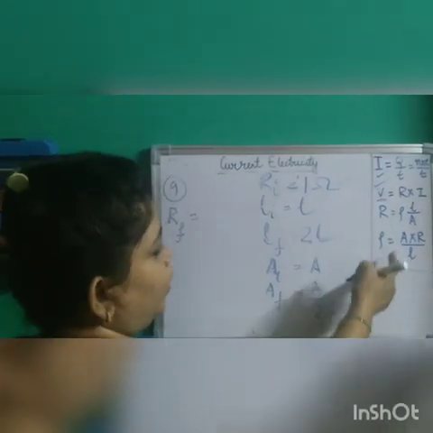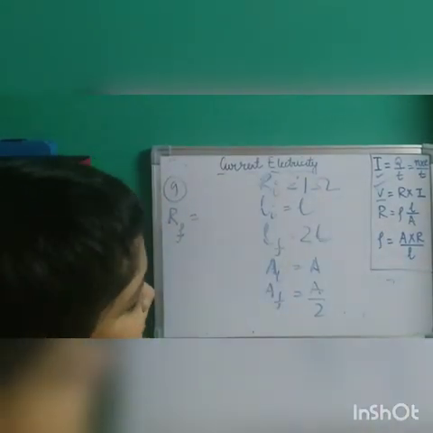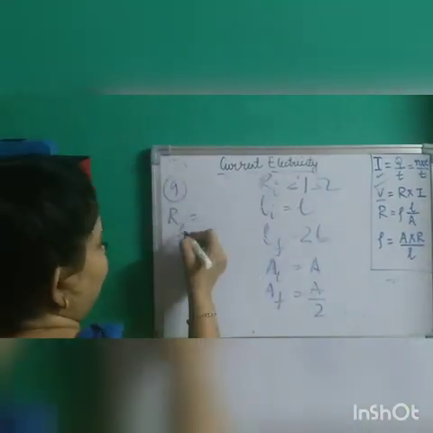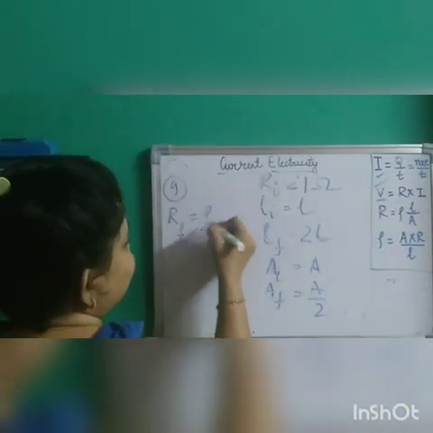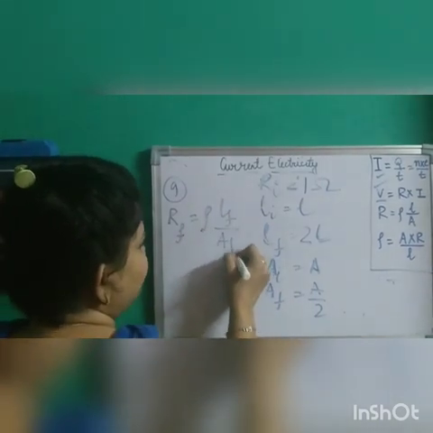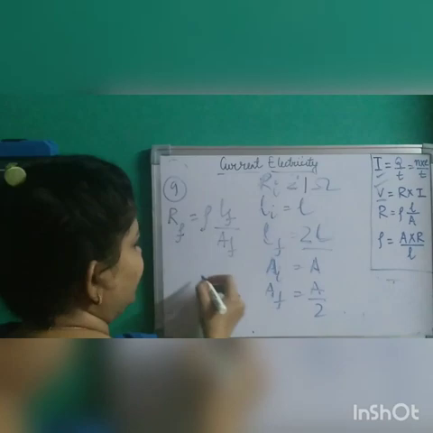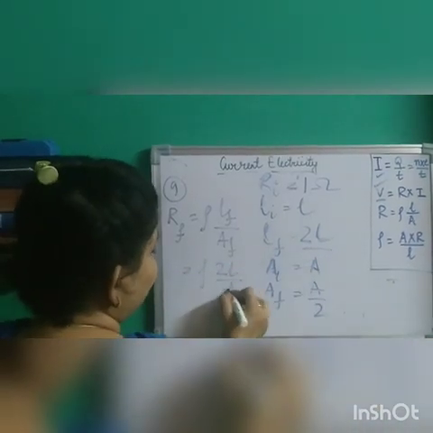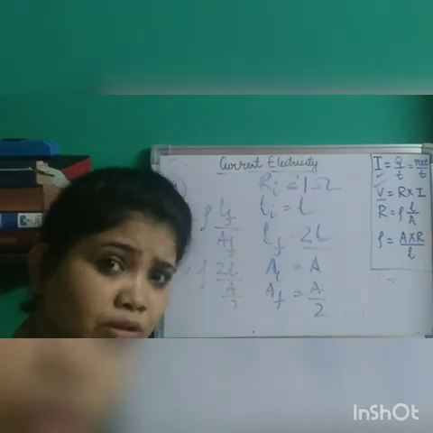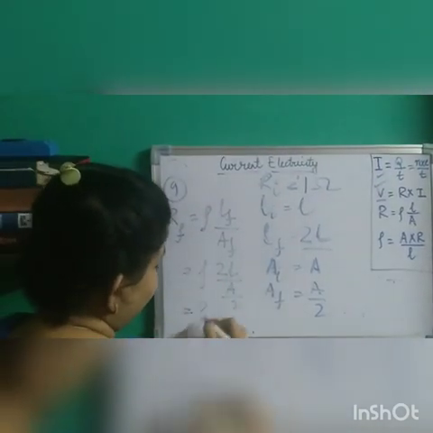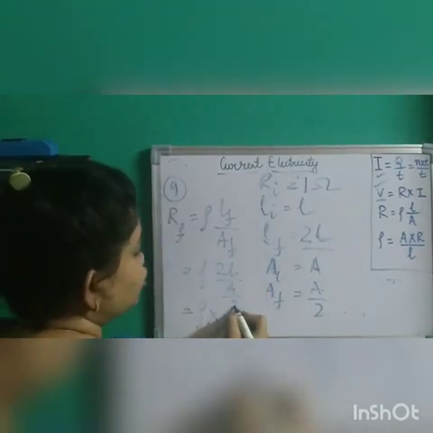Now what is the formula of resistance? R is equal to rho L by A. So Rf is equal to rho times the final length by the final area. The final length is 2L and the final area is A by 2. If I do the reciprocal, the 2 will go up.